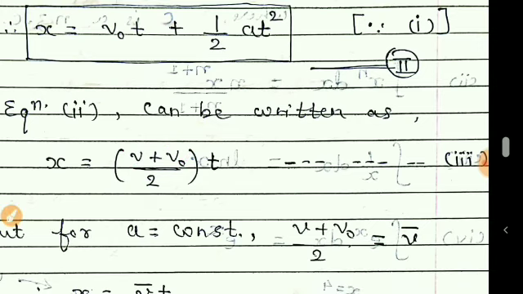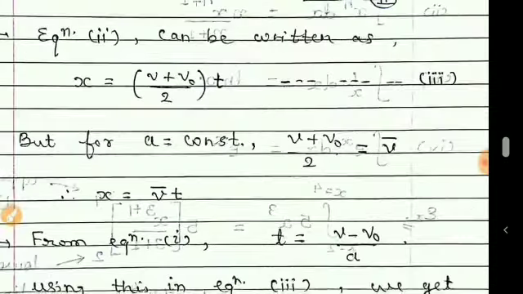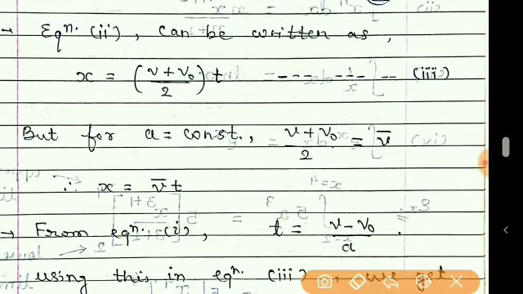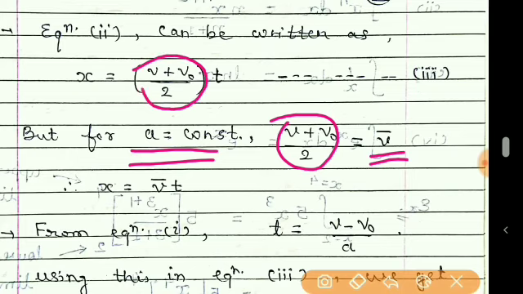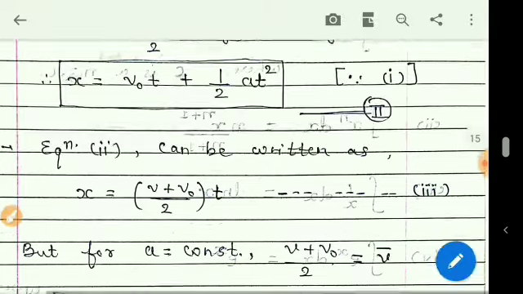So let us give this equation number 3. And now, as a is constant, v plus v naught by 2 is nothing but the average velocity. Students, this term, initial velocity plus final velocity by 2, gives the average velocity, because the graph is a straight line.